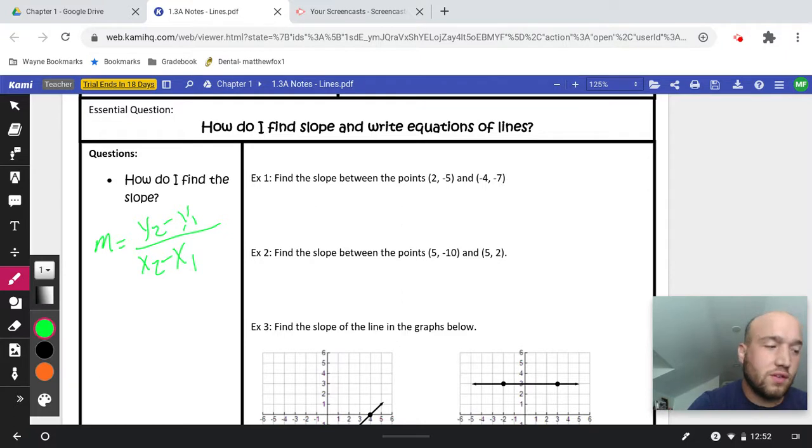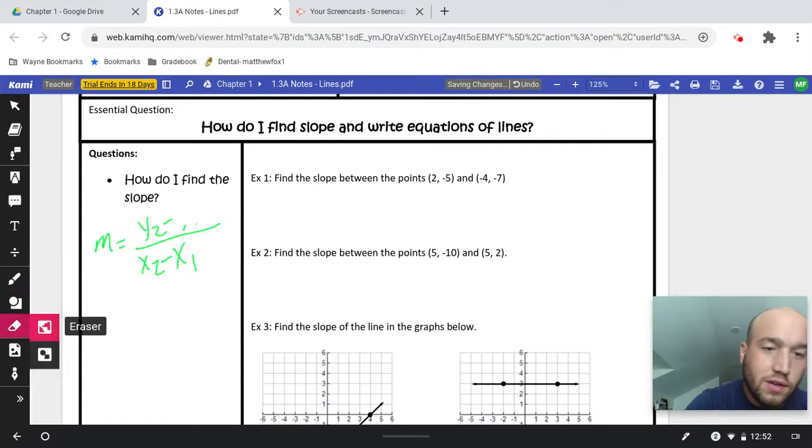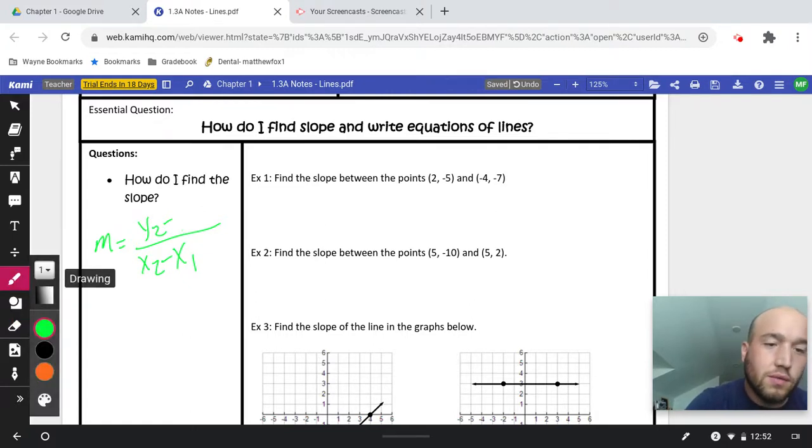That's essentially your change in y over your change in x. Another way you have heard that is rise over run. All of this is the same concept.